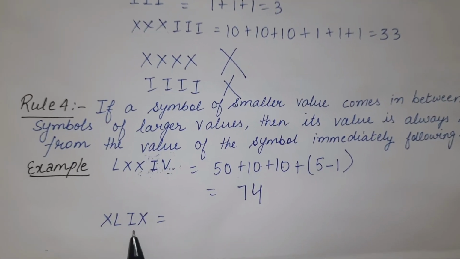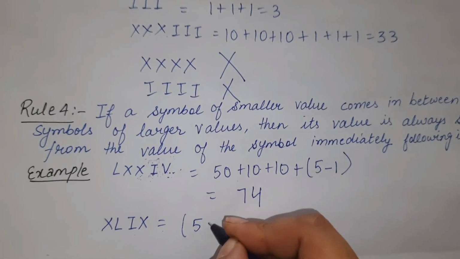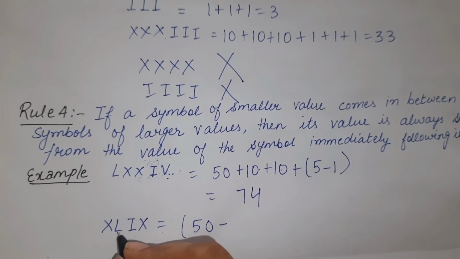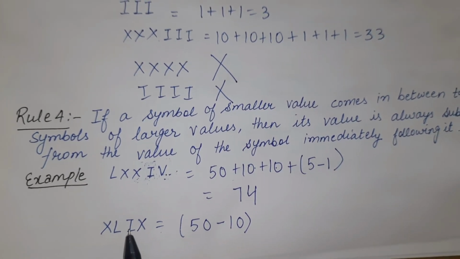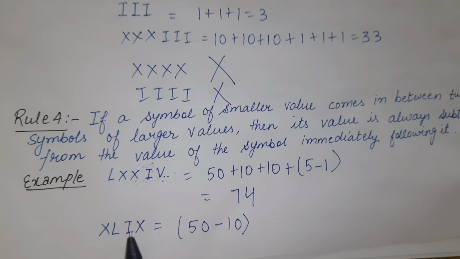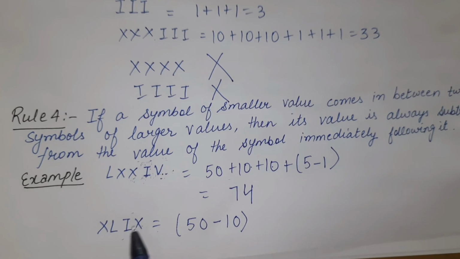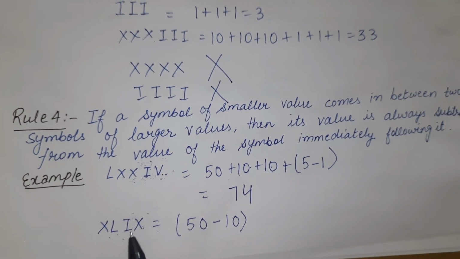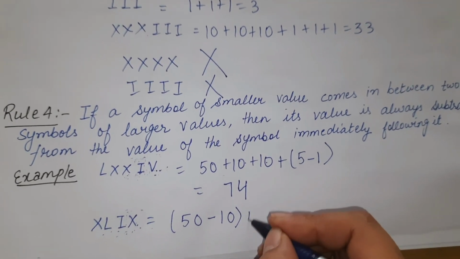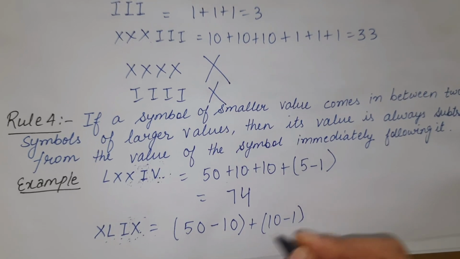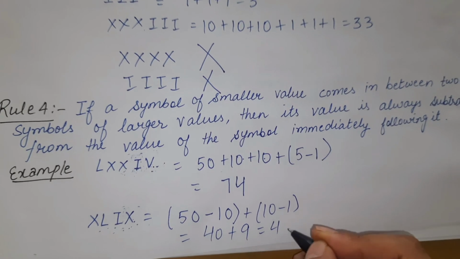If we have X, L, I, X, XL means 50 minus 10 because symbol of smaller value is before the symbol of larger value. ठीक है, वो पहले आ रहा है, तो ये हो जाएगा 50 minus 10. अब जो ये I है ये L में प्लस नहीं होना, ये X से सब्ट्रैक्ट होगा. ओके, स्मॉलर वैल्यू का जो सिंबल है वो 2 लार्जर वैल्यूज़ के बीच में है, तो जो सिंबल उसको इमीडिएटली फॉलो करेगा हमें उसमें से इसे सब्ट्रैक्ट करना है. तो ये हो जाएगा हमारा 10 minus 1, so it will be 40 plus 9, which is 49.